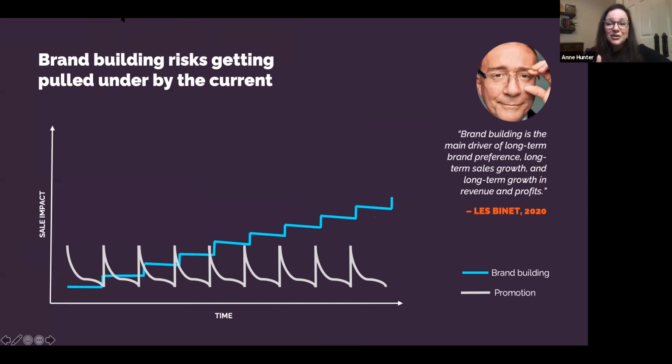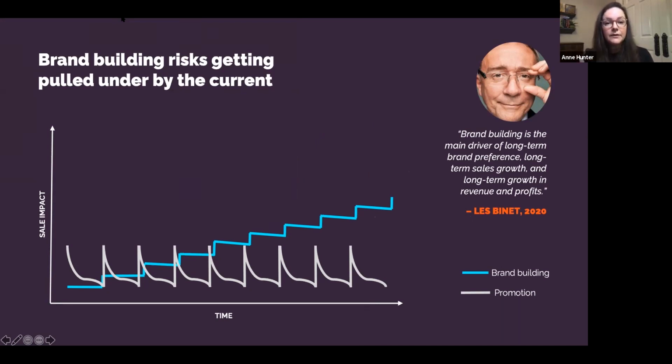The data shows, the most academic and most respected data in our space at this time is from Binet and Fields. They have done phenomenal research on what they call the long and short impacts of advertising. The short-term impacts, immediate actions and sales, and the long-term impacts for building a brand.